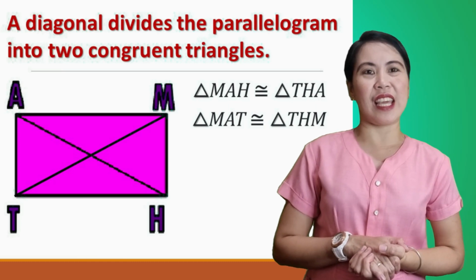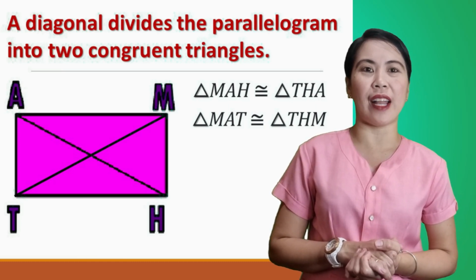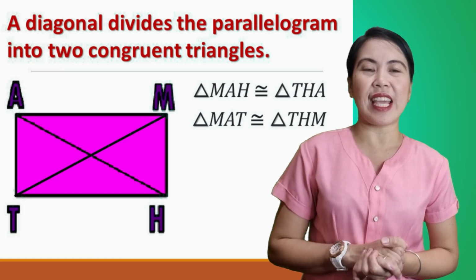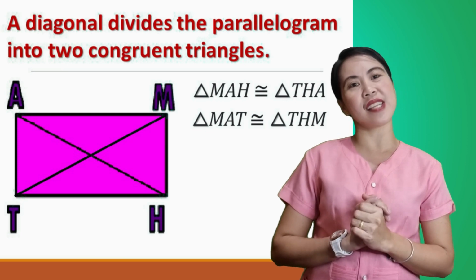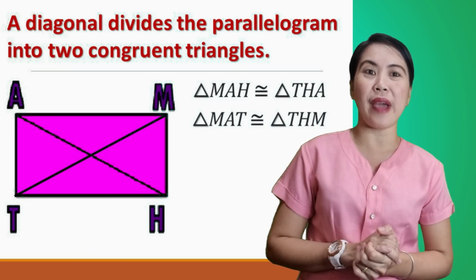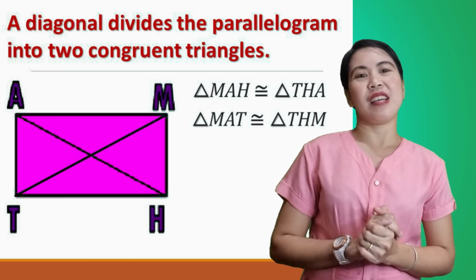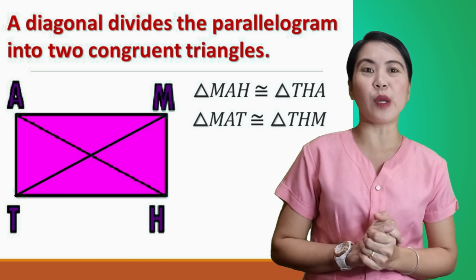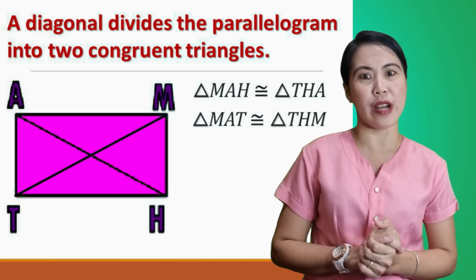Another property involving diagonal is that a diagonal of a parallelogram divides it into two congruent triangles. Again, let us consider parallelogram MATH. Having diagonal AH, then two triangles are formed.